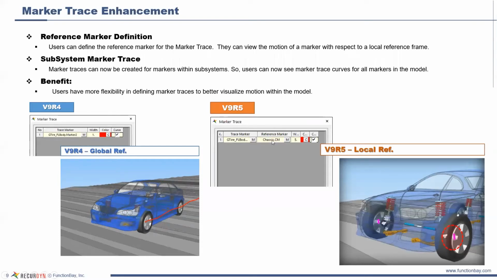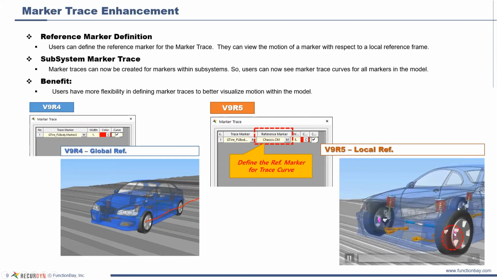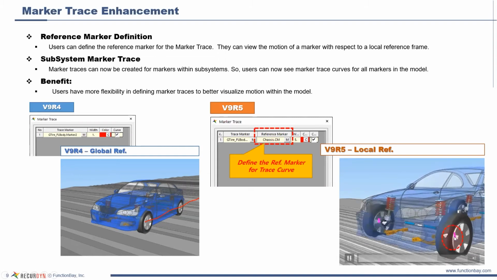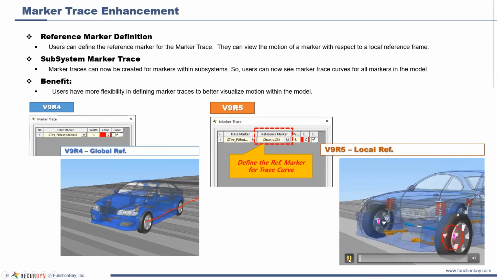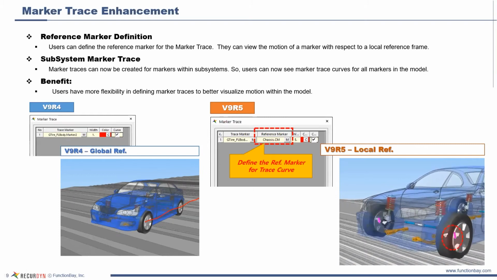We can specify the reference marker for the marker trace. And then once we make that change, we can play the animation. And the marker trace in this animation is now shown in pink here. And it's showing the vertical motion of the suspension with respect to the car.